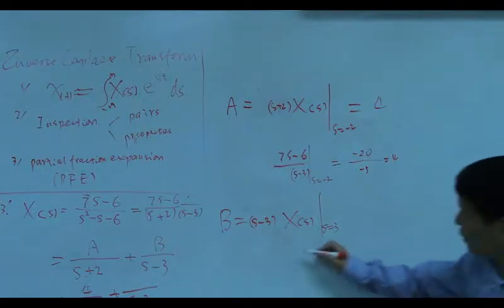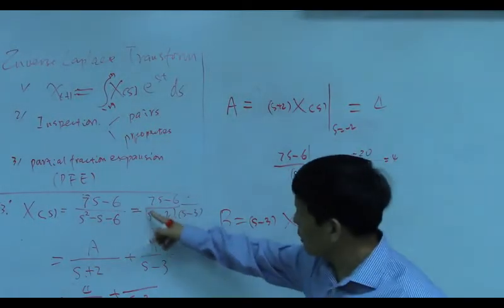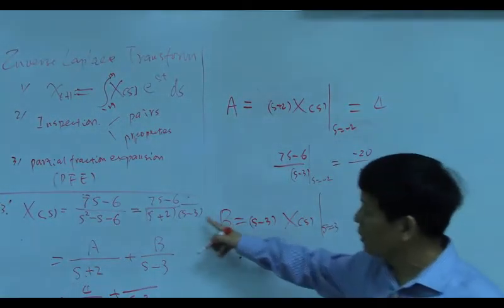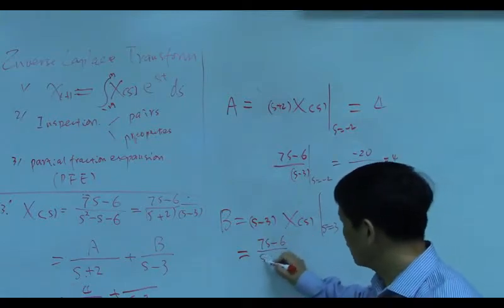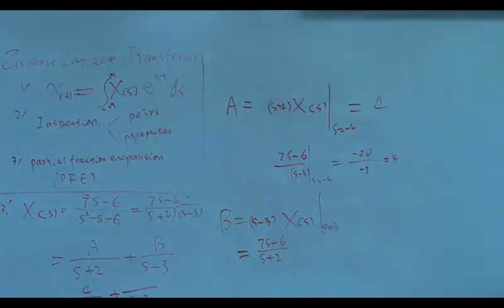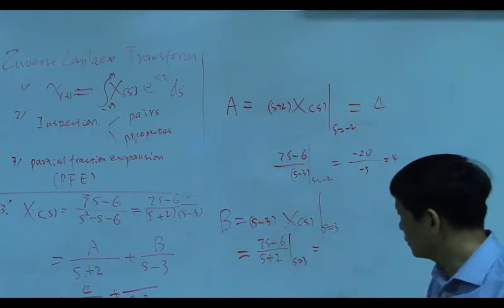Okay, so in that case, X(s) equals this part. Then you multiply by s minus 3, so this term will be gone. So it's 7s minus 6 on the top and s plus 2 on the bottom. We have only these two terms left, and s equals 3. So what is this?